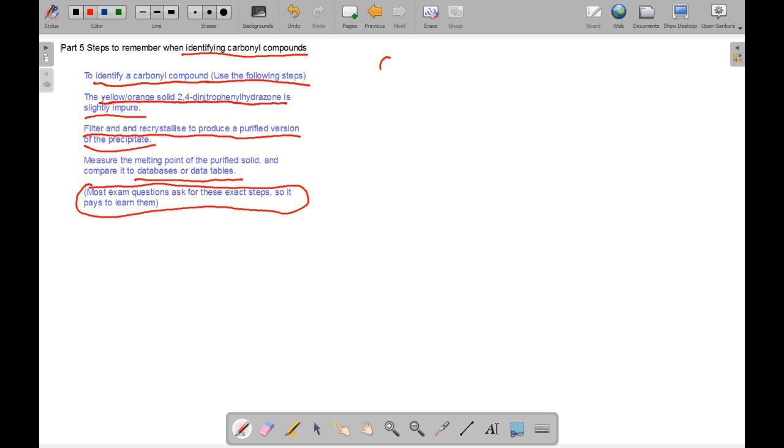So, a typical exam question would have compound and boiling point in degrees C and a melting point of 2,4-DNP derivative.